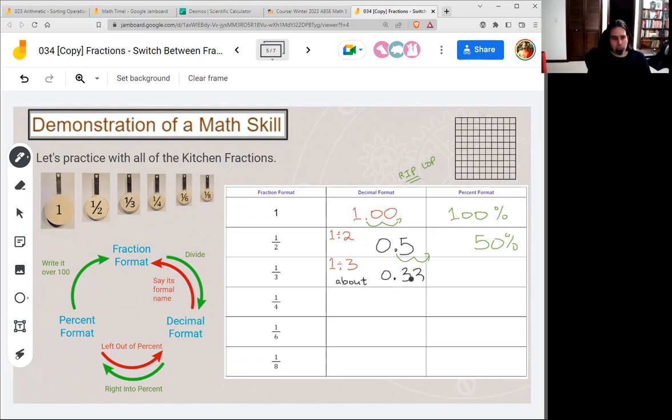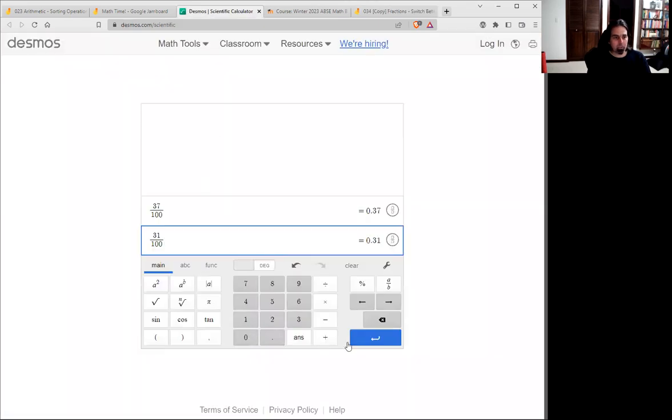Let's keep the 2 of the 3s. So when we do this on our calculator, it's going to have 3s that keep going forever and ever. So we're going to round it.